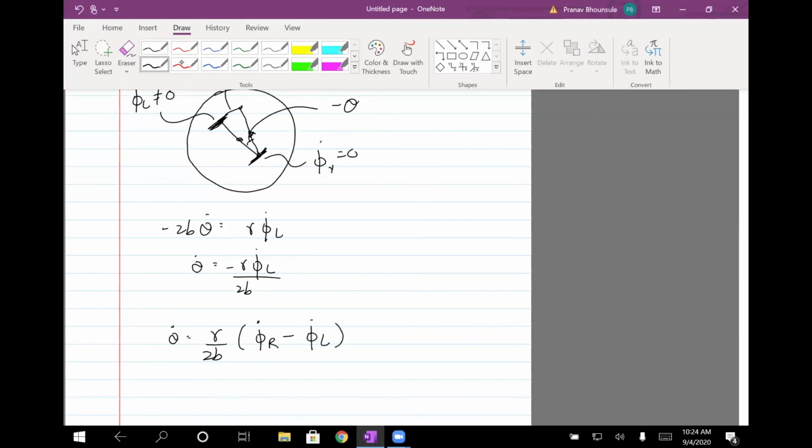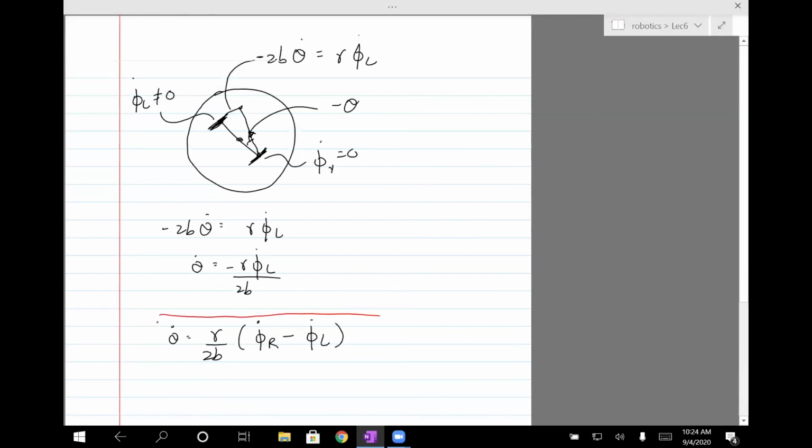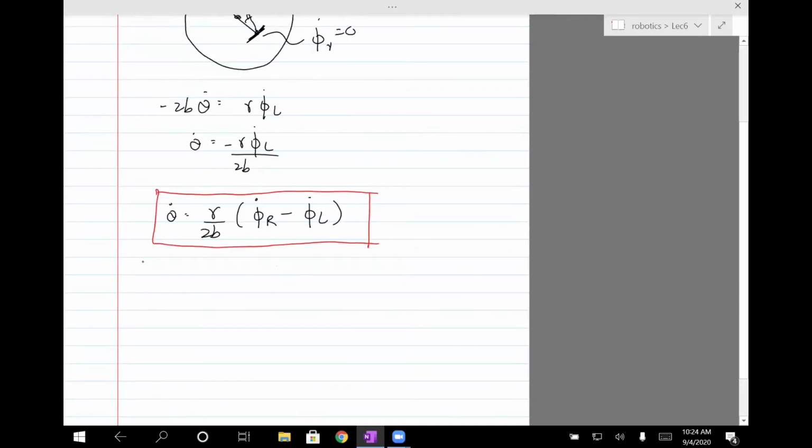And so that's the expression for the rate of change of theta, or the heading. So in summary, I'm going to put all the formulas down in one place.